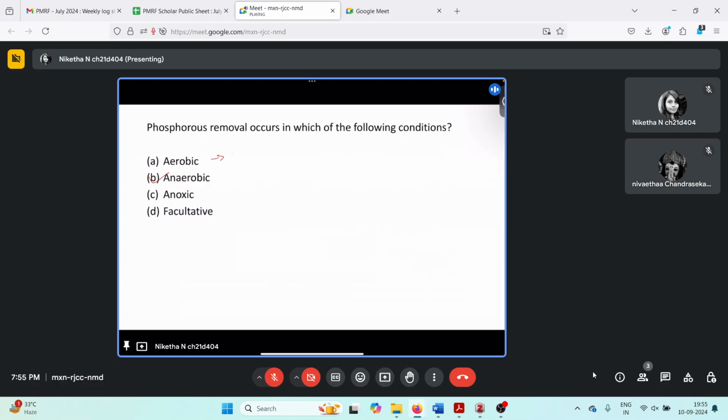Anaerobic is useful for removing phosphorus, and anoxic is useful for denitrification. Facultative means both aerobic and anaerobic, for example in lagoons.